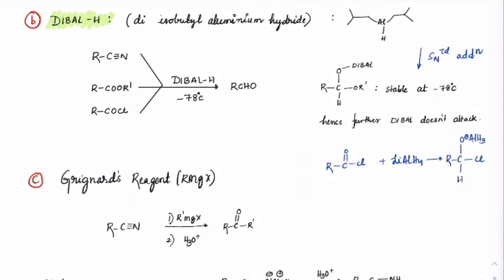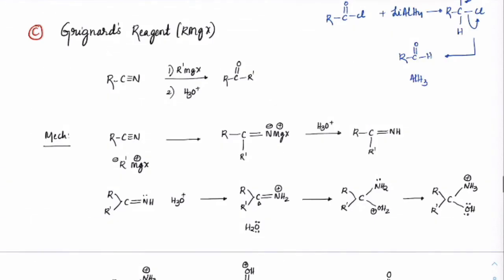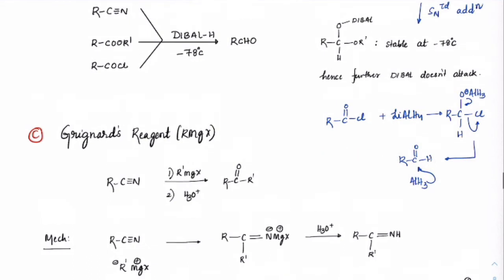This AlH3 which is present will attack the next mole. At the same time this will immediately rearrange to form this aldehyde, RCHO, got it? So further reaction will again take place, the next mole of lithium aluminum hydride, this hydride will attack here, so it will go up to alcohol formation. So you cannot stop the reaction at aldehydes.